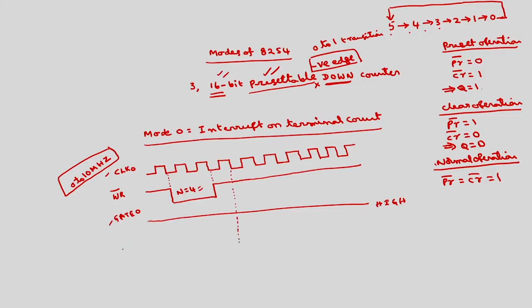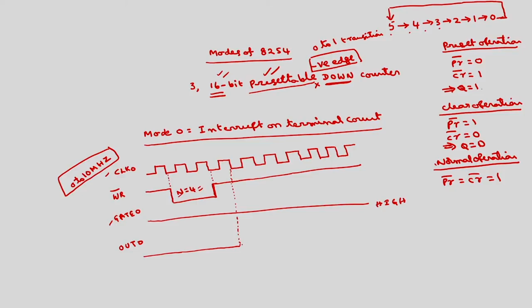Initially out will be 0 only. Now, when n is equal to 4 and write bar goes from low to high, after becoming high, at the next negative edge of the clock, the counter starts counting. As I have told, this counter is a down counter.